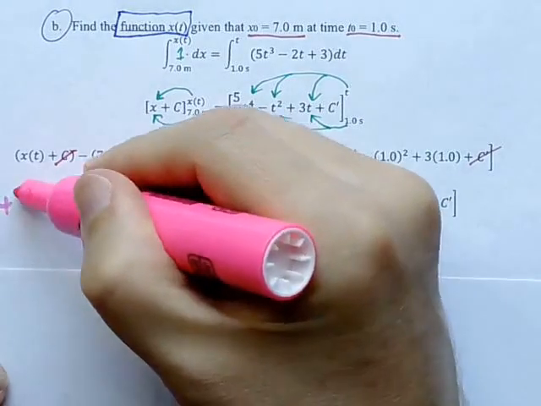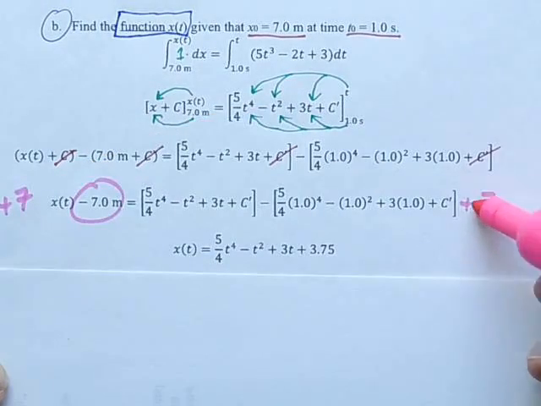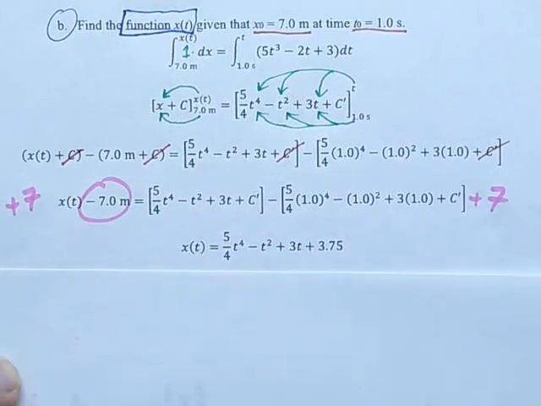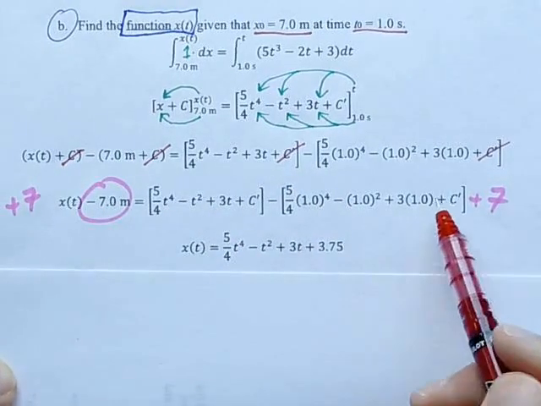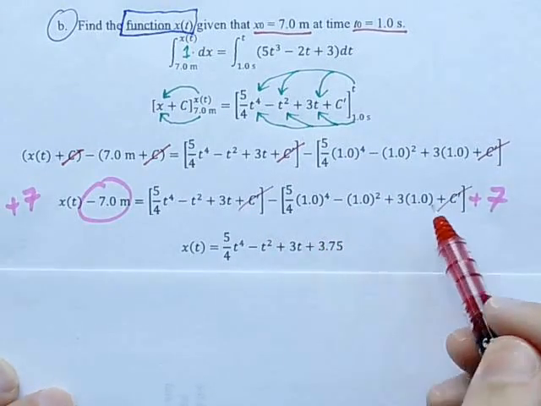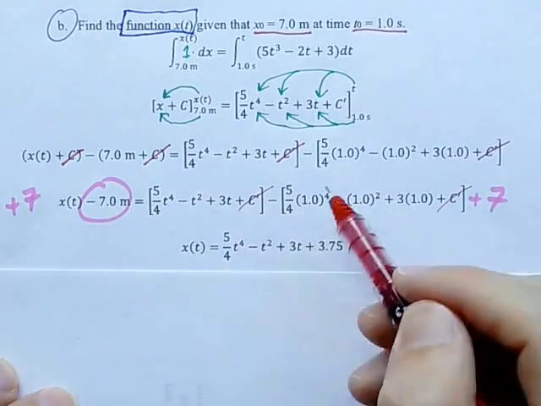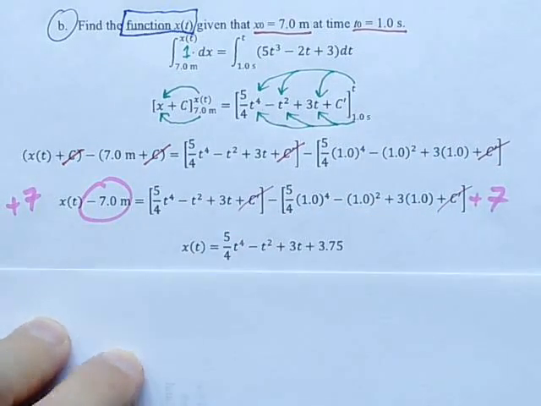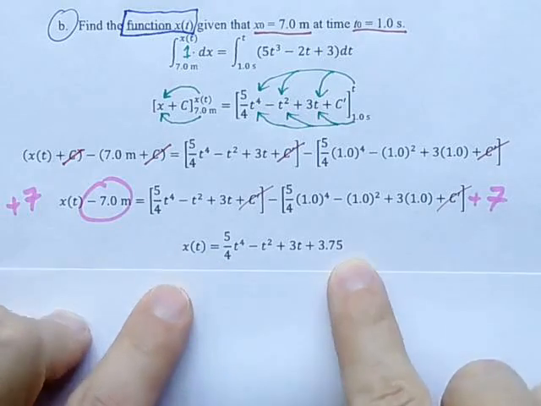So add 7 to both sides. So effectively we move that 7 meters over. Simplify all these here, c prime cancels with c prime. So do the arithmetic, crunch those, add the 7 meters over, and we get this as our final answer here. That's what we wanted.